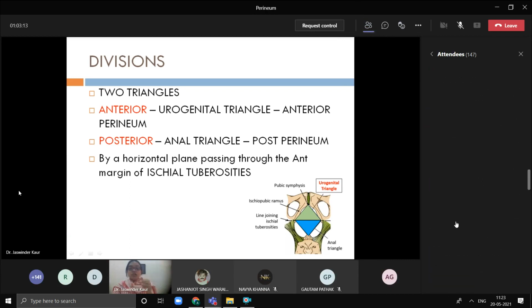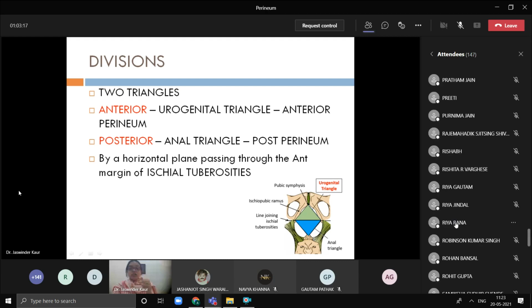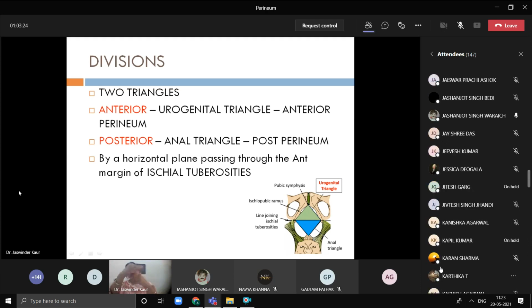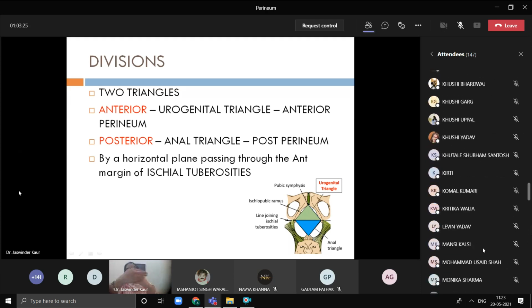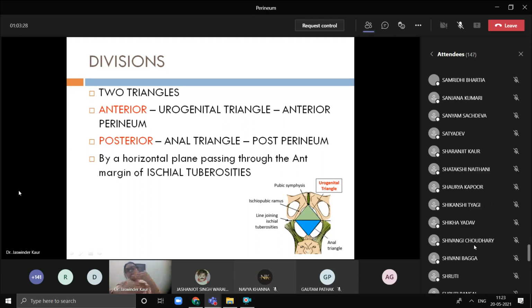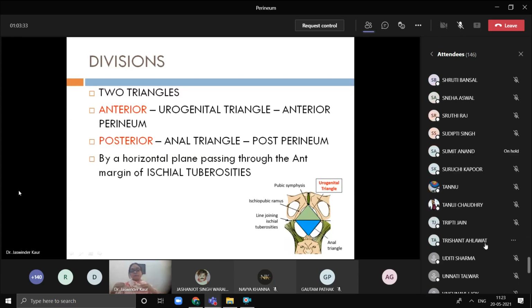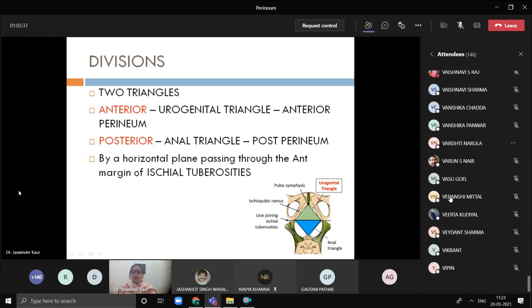The fascial part is formed by, suppose this is the muscle and this one is the fascial part. The two fascial parts enclose the muscle like a net, so the muscle is completely enclosed between them. One becomes its superior layer, one becomes its inferior layer. The inferior layer is known as the perineal membrane. Also draw this diagram, the divisions of the perineum triangle, so that you understand well, right? So you have to draw only two diagrams in today's lecture.